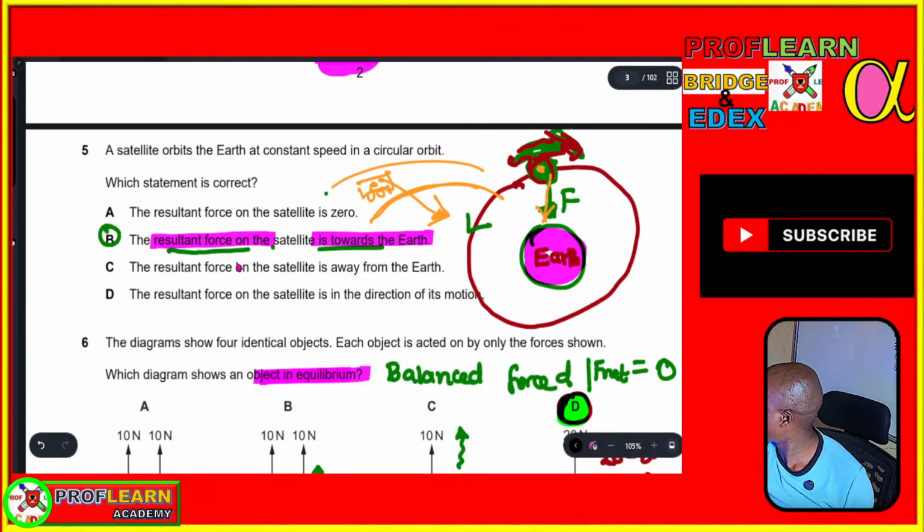And for a satellite going around the orbit, it is going to be the gravitational force. In that case, that force is directed towards the center. So we say the resultant force is toward the center of the earth.